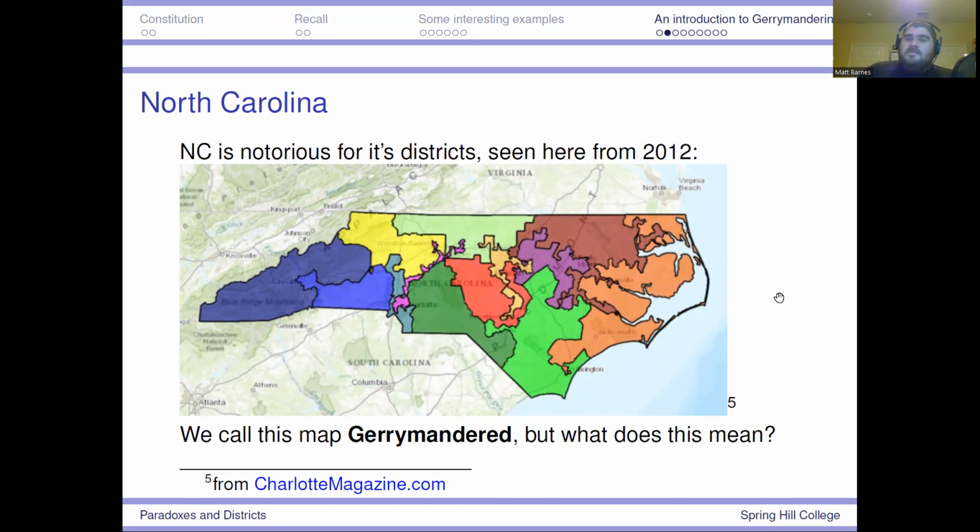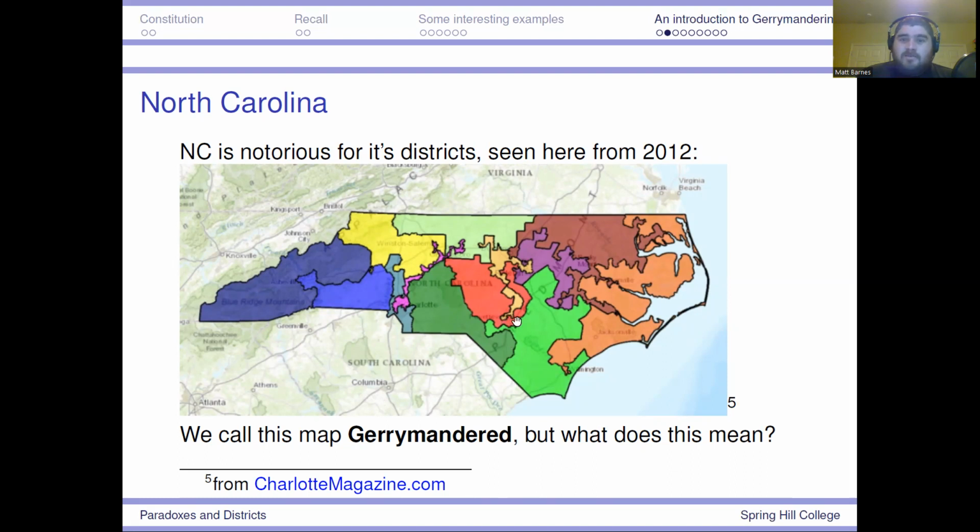So this map has been called gerrymandered, both by people and by our justice system. So what we're going to do is try and understand a little more about what that term means, because it's something we can kind of understand intuitively, right? These districts are drawn in weird shapes for some sort of political advantage.